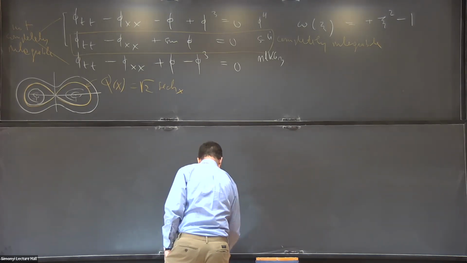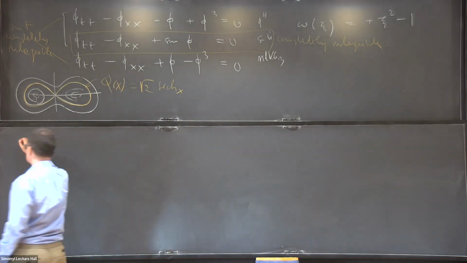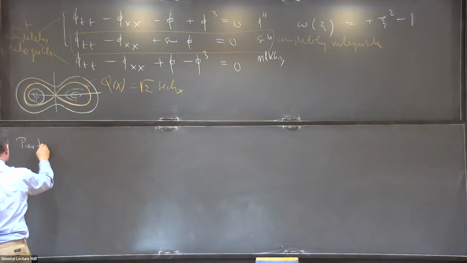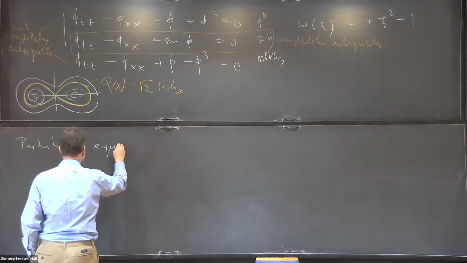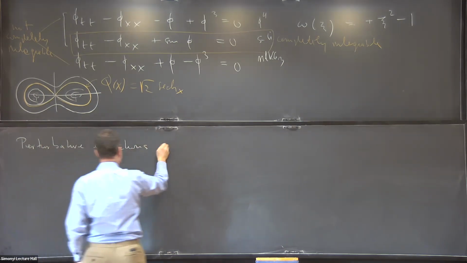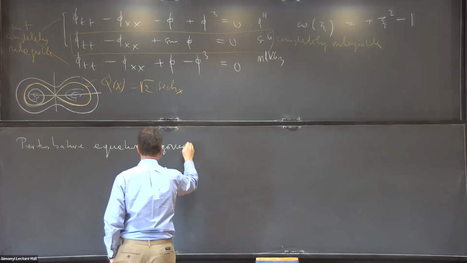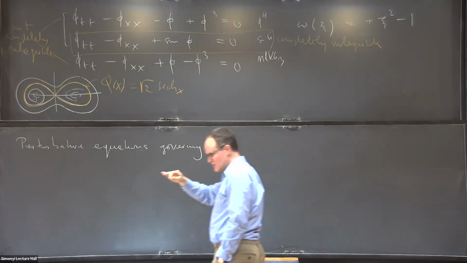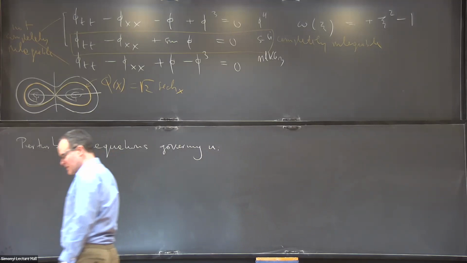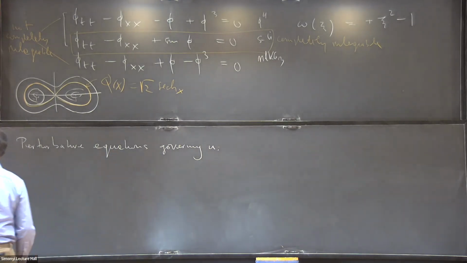They're, of course, completely explicit. So now we want the perturbative equations governing u. Again, I will try to stick to this order of phi 4, sine-Gordon and nonlinear cubic Klein-Gordon.